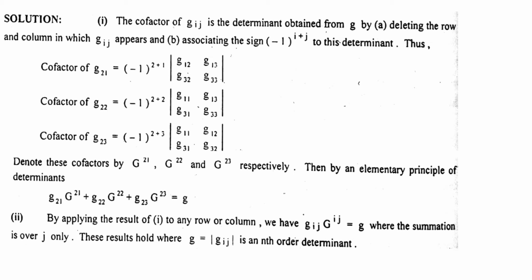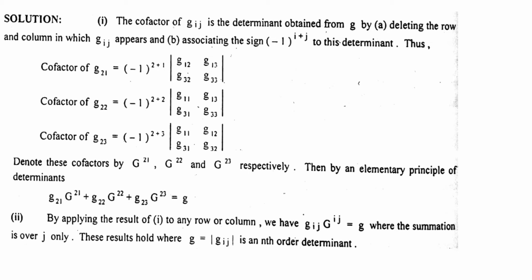The first element of the second row is g21, so its cofactor is (-1) to the power 2 plus 1, as it is in the second row and first column, times the sub-determinant left after deleting the second row and first column, which is g12 g13, g32 g33.